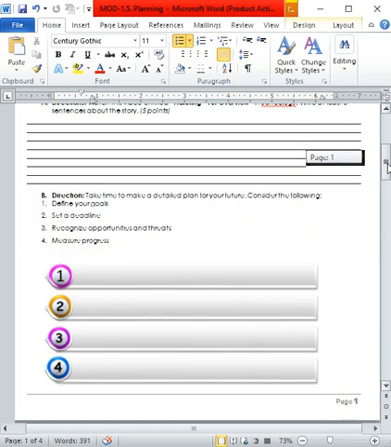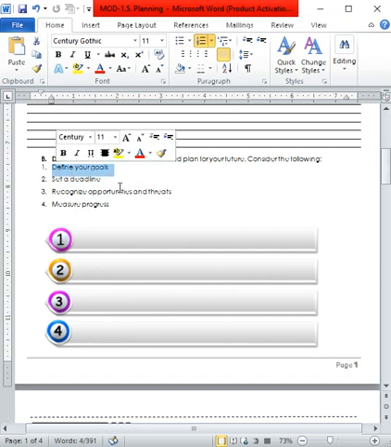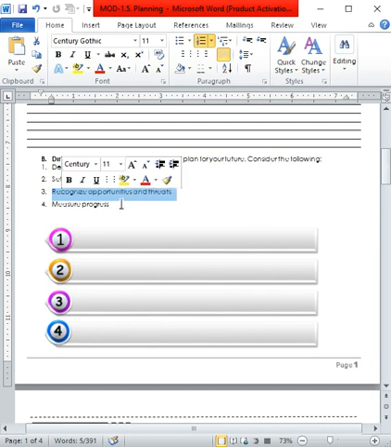Next, take time to make a detailed plan for your future. Consider the following. You have to define your goals. You also have to set a deadline for when it will be. Recognize opportunities and threats. Do you still remember the SWOT analysis? You have there the opportunities and threats.